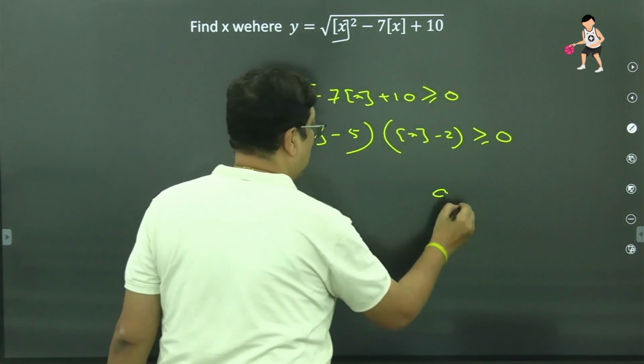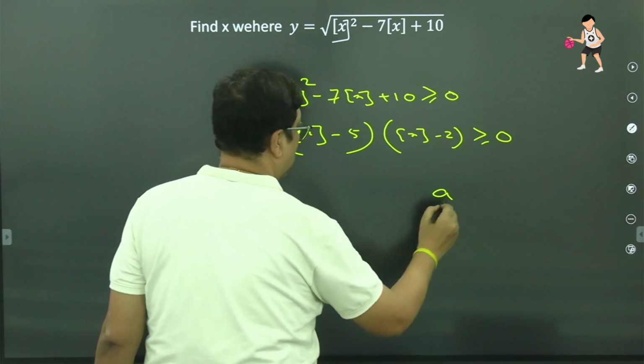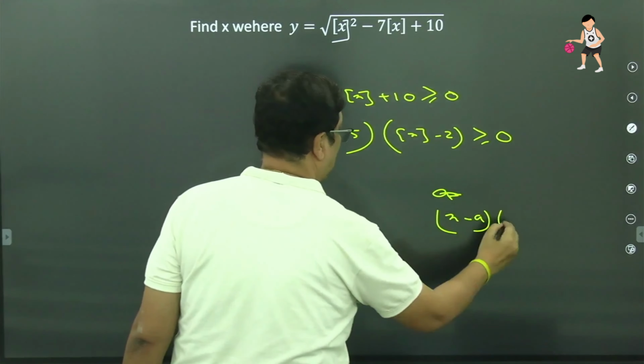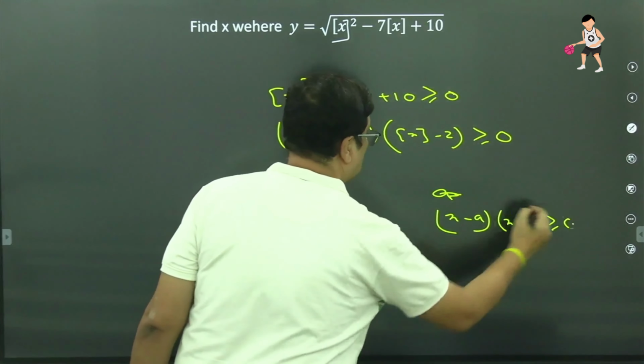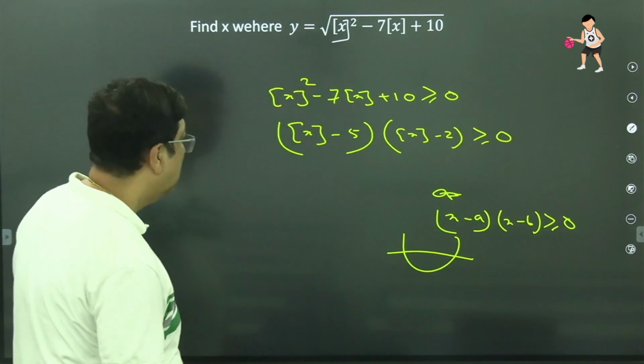So as we know, suppose x minus a into x minus b greater than equal to 0. If we apply the wavy curve theory, what will we get?